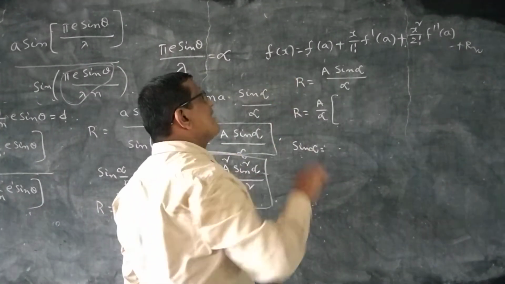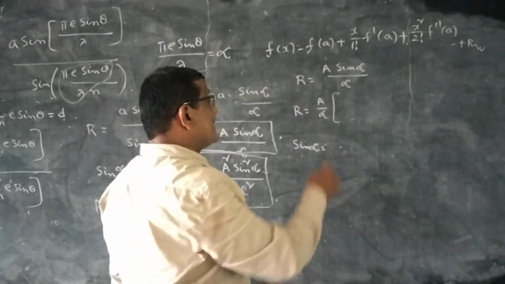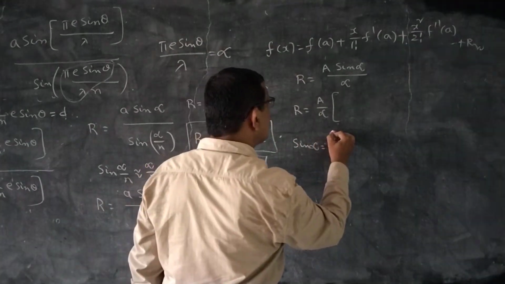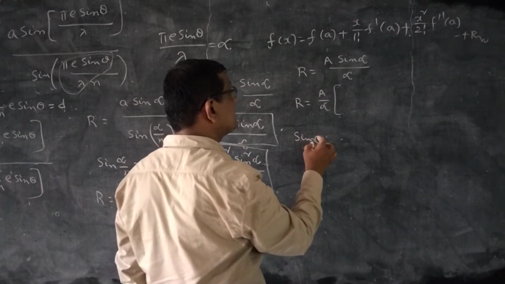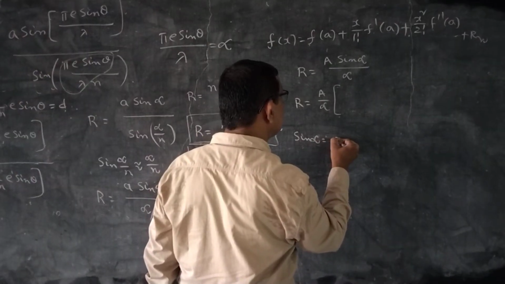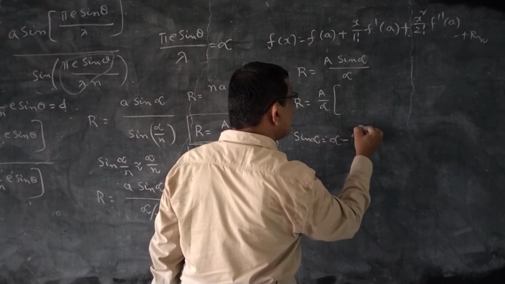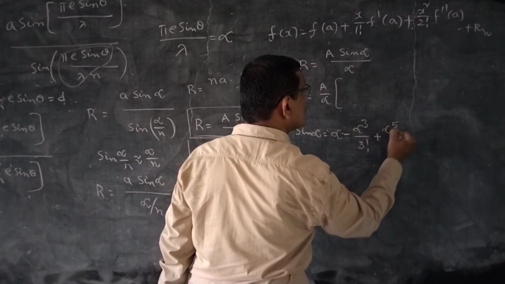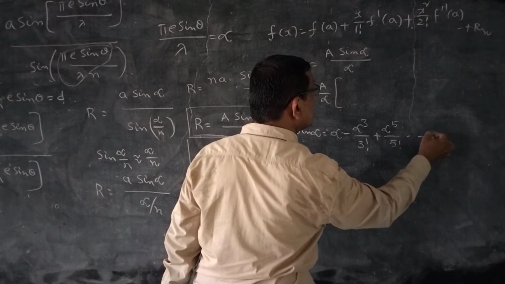In this case, f(x) = sin x. By making these substitutions, the expansion for sin α is α − α³/3! + α⁵/5!, and so on.